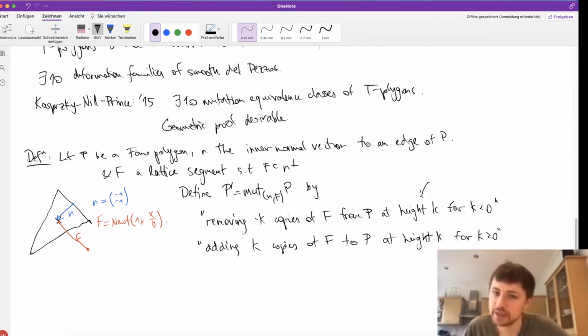And by height here, I mean measured with respect to this normal vector that we choose.